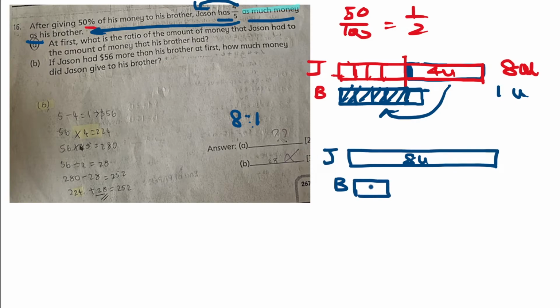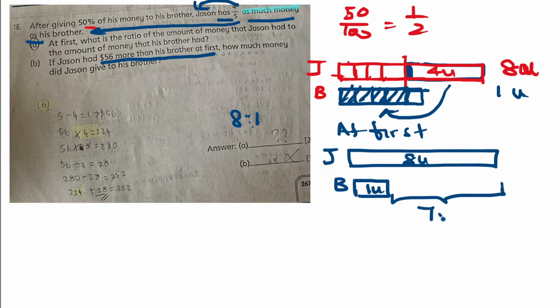The brother is only 1 unit. So here it says $56 more than his brother at first. This is at first. So you know that 7 units is actually $56.